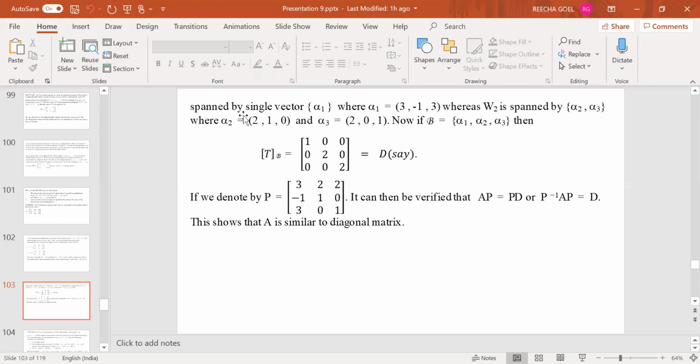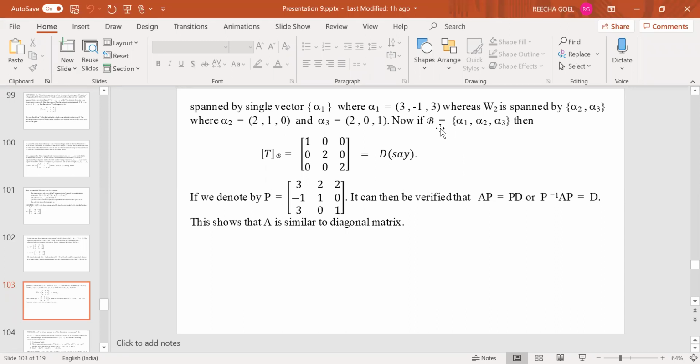Whereas W2 is generated by two independent vectors, 2, 1, 0 and 2, 0, 1. These two are independent, and you can see that this is also independent of the first.